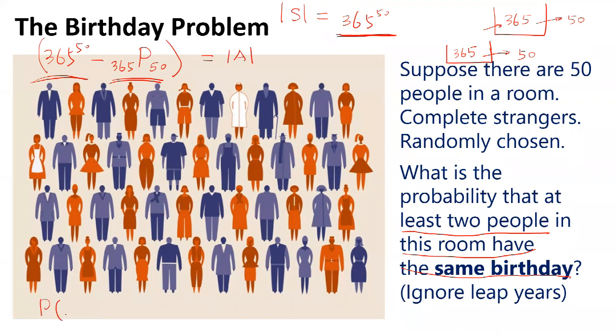Okay, so the probability of this event is the total number of sample points in this event divided by the total number of sample points in the sample space, right? So this is our final result. So how do you calculate this?